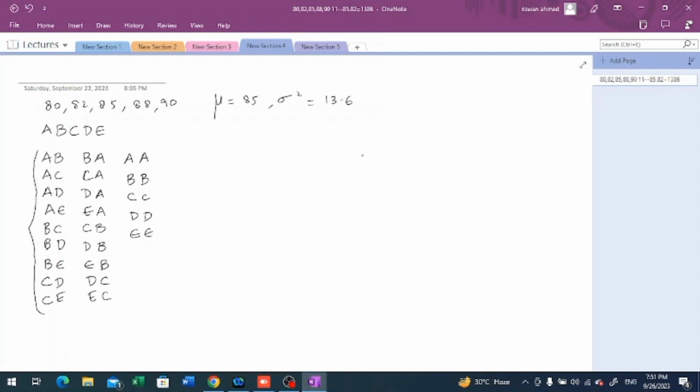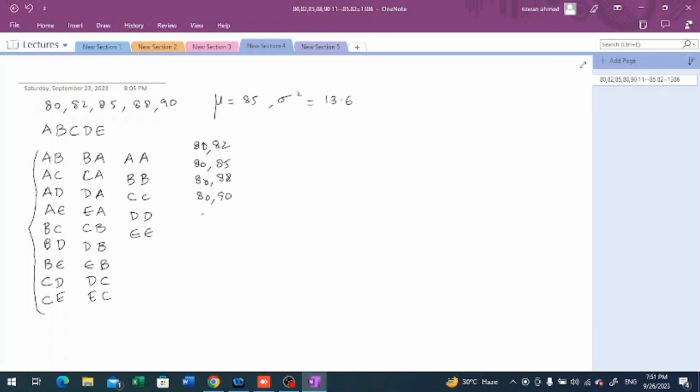If we synchronize this with the numbers that we assumed for A, B, C, D, and E as 80, 82, 85, 88, and 90, we can list the samples: 80 with 82 as the first sample, then 80 with 85, 80 with 88, and 80 with 90.